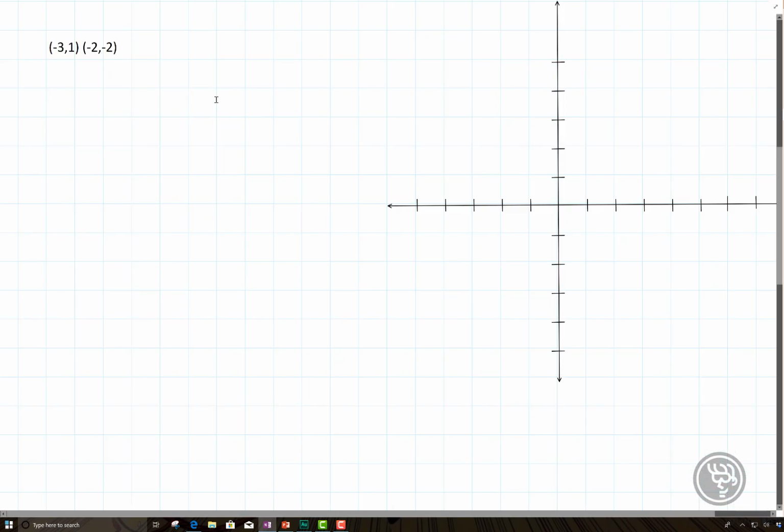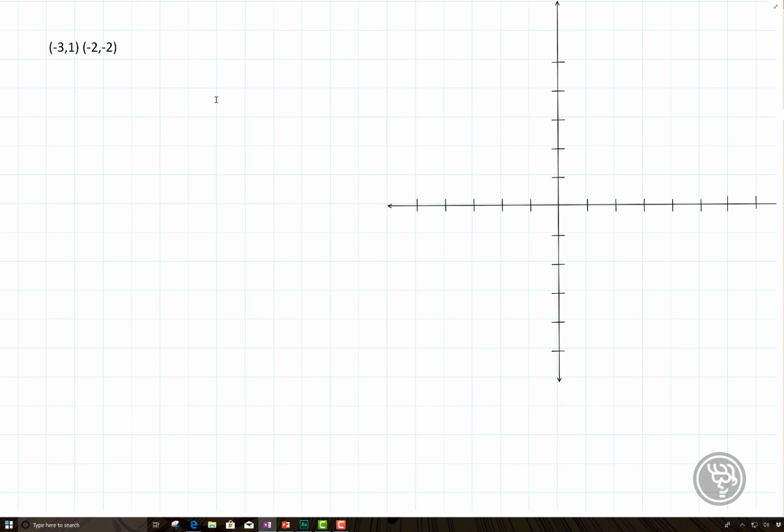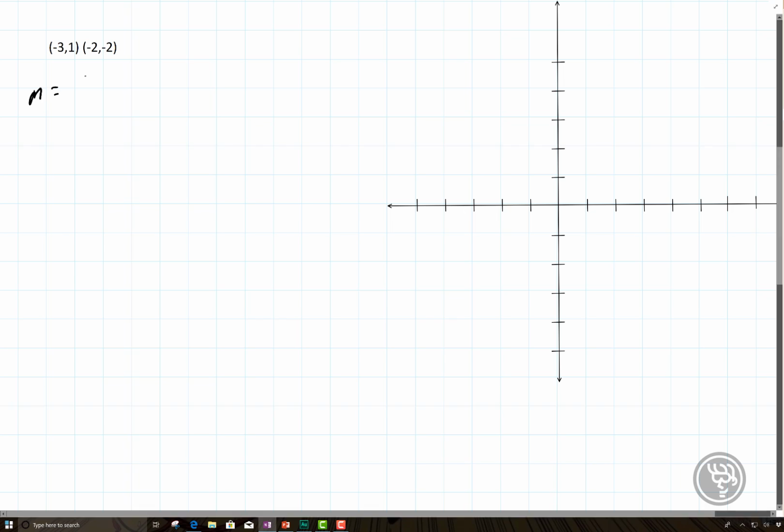All right, in this example, we have the same thing. Let's figure out what my m is. Your m is your slope, and your slope is y1 minus y2 over x1 minus x2.